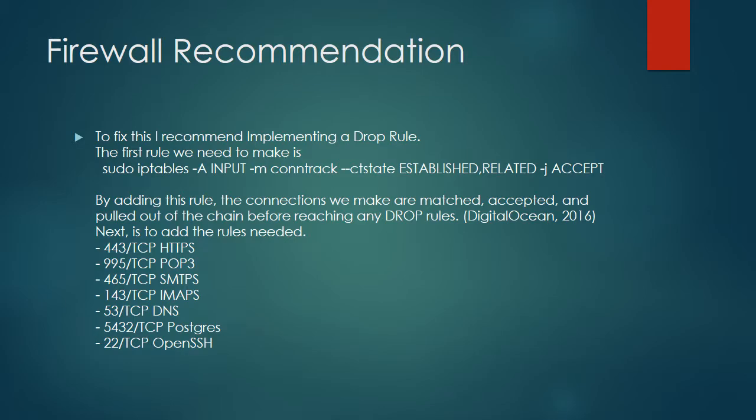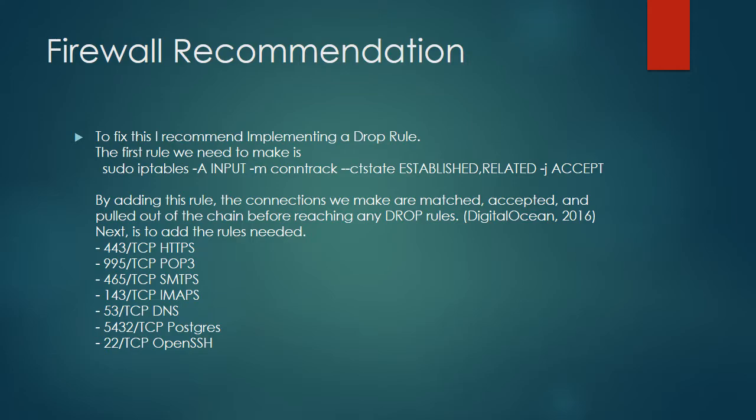For the firewall recommendation, to fix this, I recommended implementing a drop rule. The first rule that we would need to make is sudo iptables -A INPUT -m conntrack --ctstate ESTABLISHED,RELATED -j ACCEPT. By adding this rule, the connections we make are matched, accepted, and pulled out of the chain before reaching any drop rules.